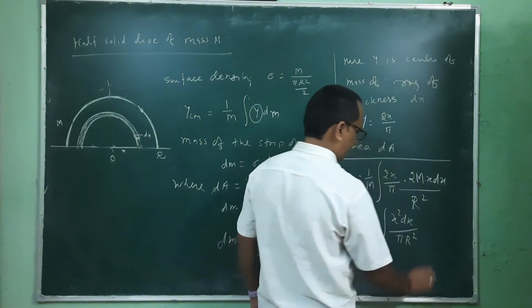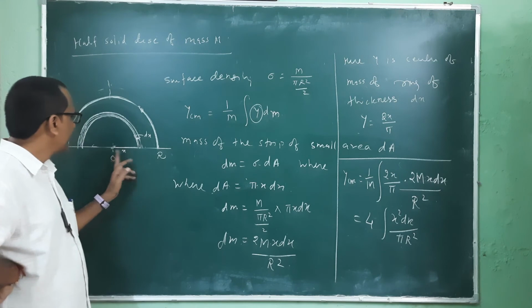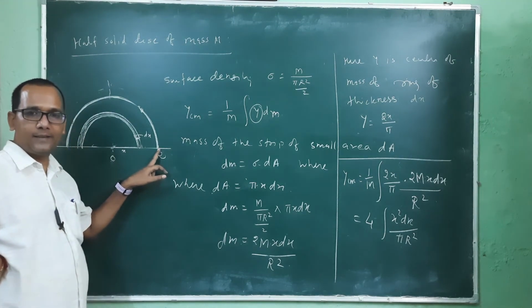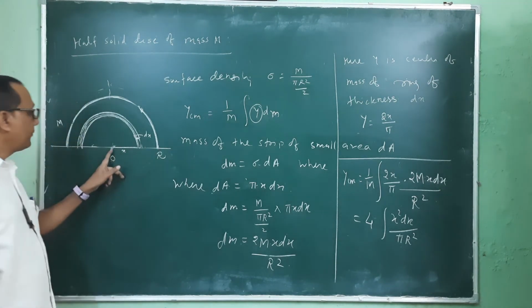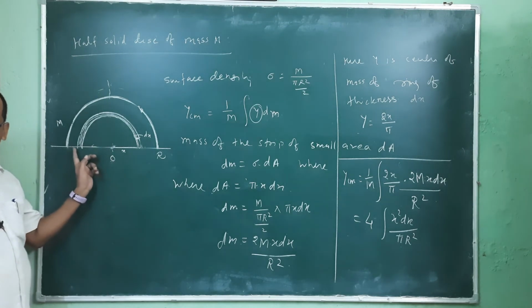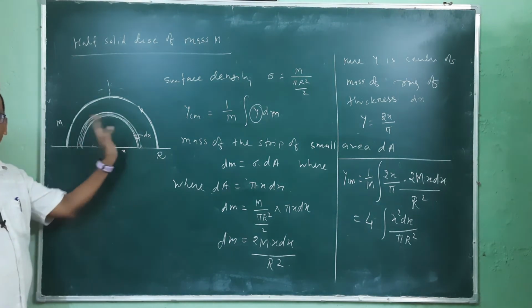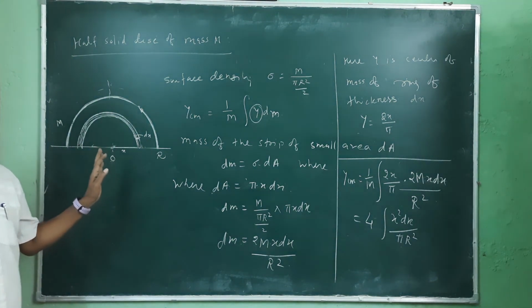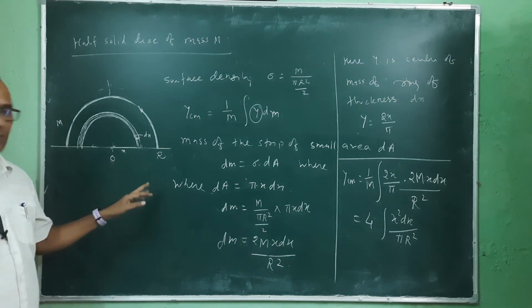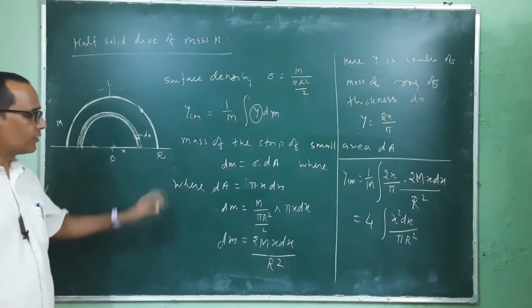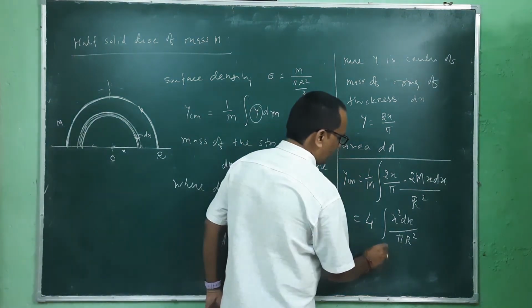It will be from 0 to r, right? When we take the angular limit, then that will be minus pi by 2, but here we have not taken that in the form of angular distribution. So linear distribution is there, so the limit is from 0 to r.